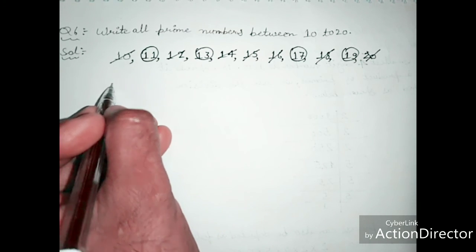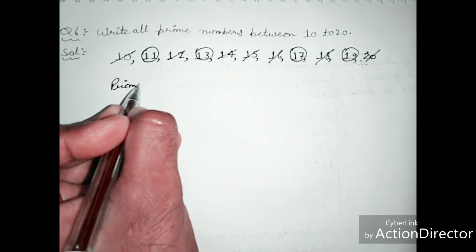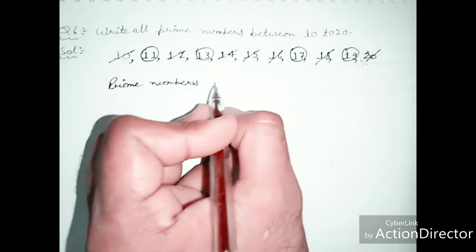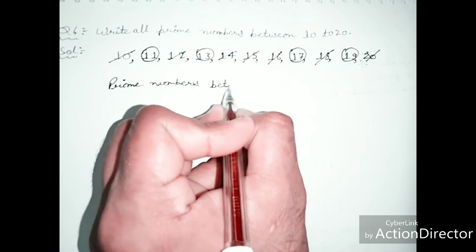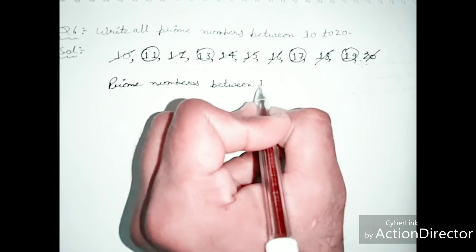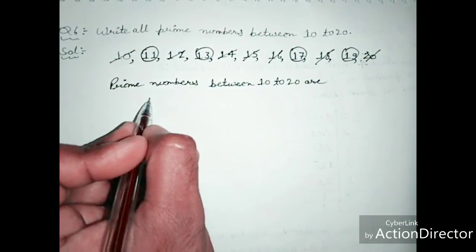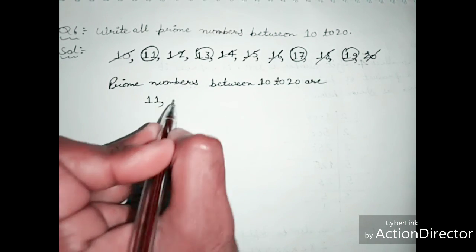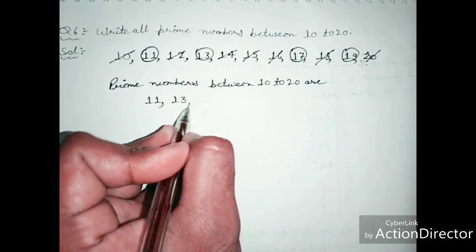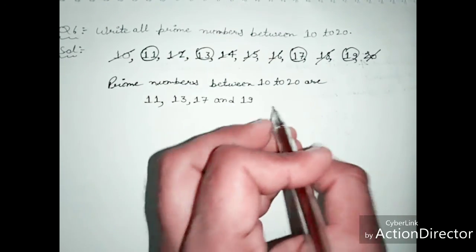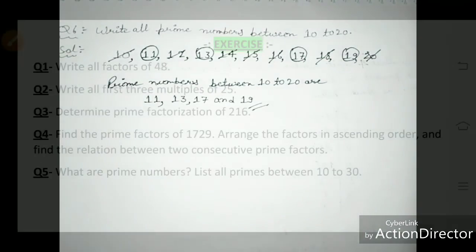So the prime numbers between 10 and 20 are 11, 13, 17 and 19. Total 4 numbers.